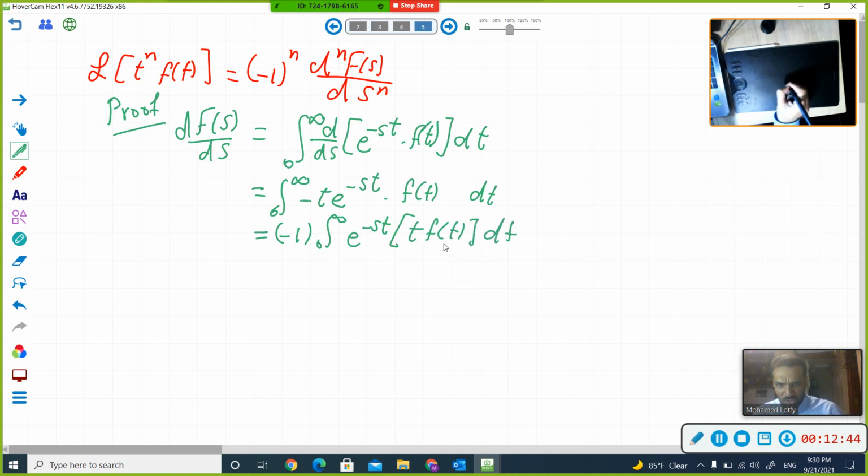This is the definition of the Laplace transform of this function, so we can rewrite it as minus 1 times the Laplace transform of t f(t).